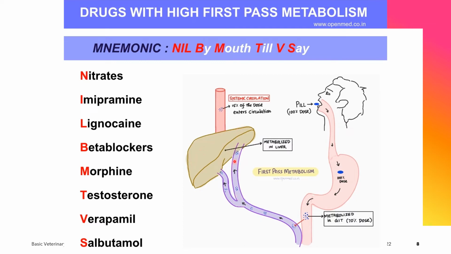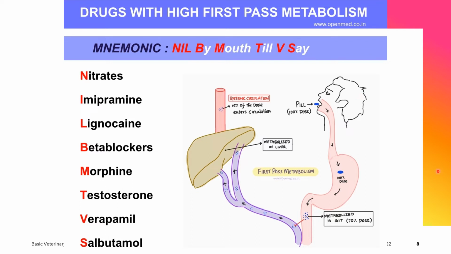So in the liver, again, it will undergo another round of first pass metabolism before it will enter the systemic circulation. So in the case of the propranolol beta blocker, it is said that only about 26% of the drug will be bioavailable in the systemic circulation.